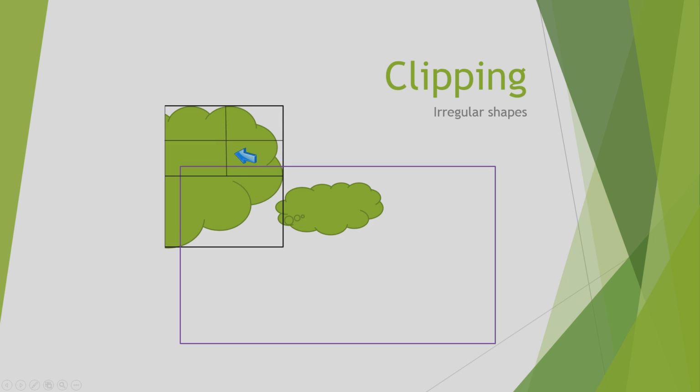We will again divide this rectangle into four sub-rectangles like this, and we will take up the cases one by one. This rectangle, depicted by these extreme points, is completely outside. Similarly, this rectangle is also completely outside, so they will be rejected as they are, and these two rectangles clash with the window boundary.